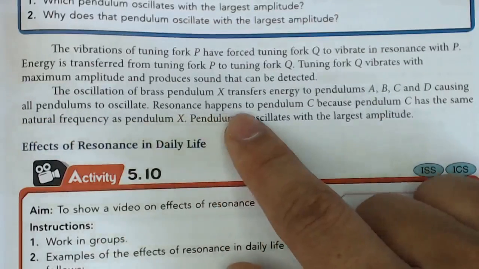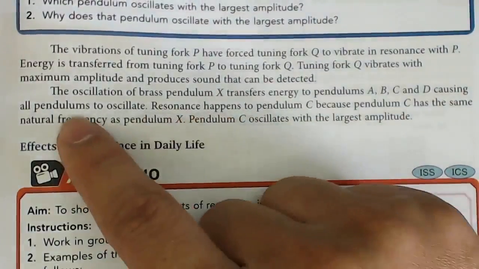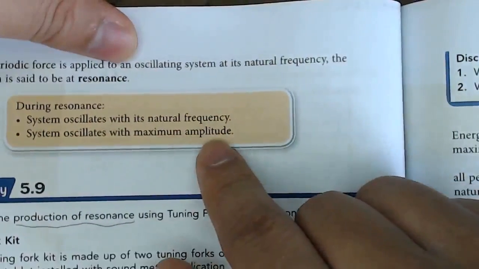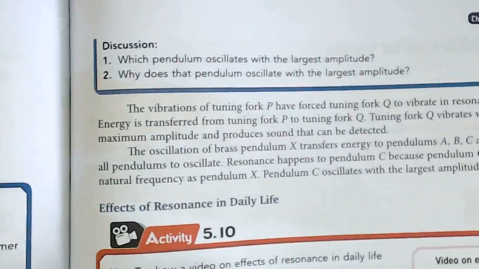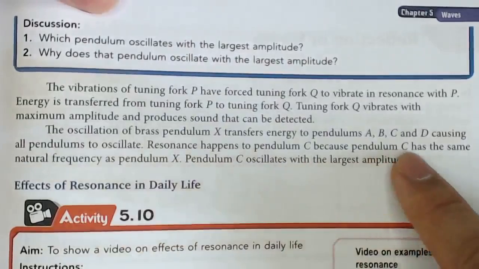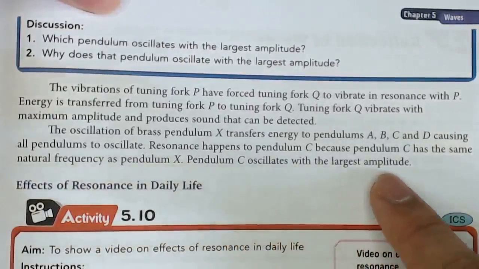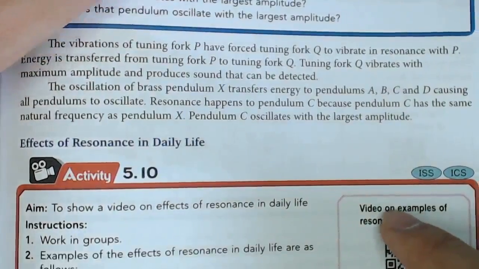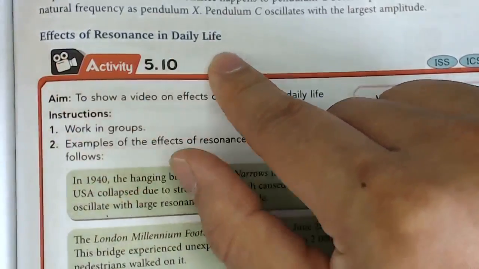Resonance happens to pendulum C. Of all of them, the only one that can do the maximum amplitude is the only one with the same natural frequency as the given oscillating system. Resonance happens to pendulum C only because pendulum C has the same natural frequency as pendulum X. Pendulum C oscillates with the largest amplitude, while the others oscillate with not so good amplitude.